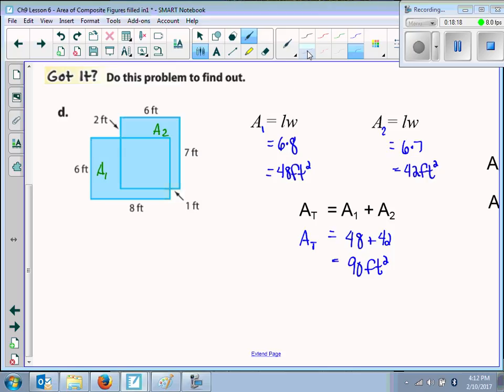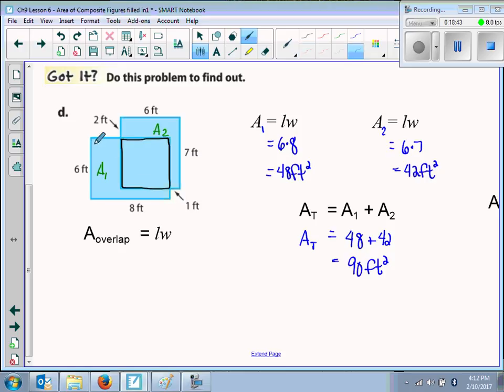Okay, so now we need to find the area of this overlap and subtract it from that total. The formula for the area of the overlap is length times width. First we have to find our dimensions.